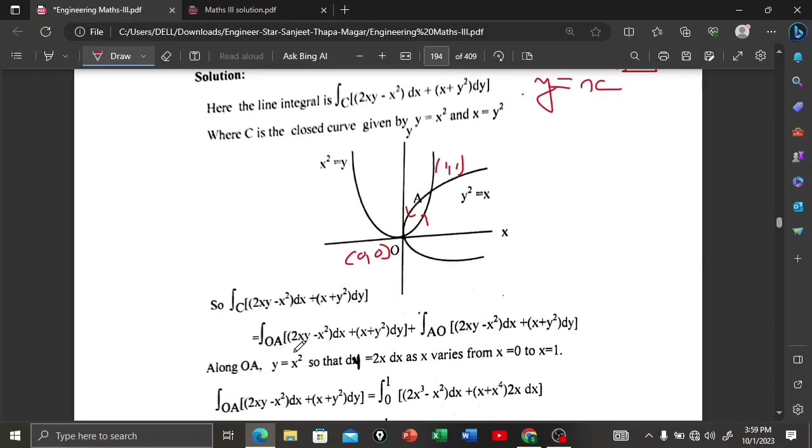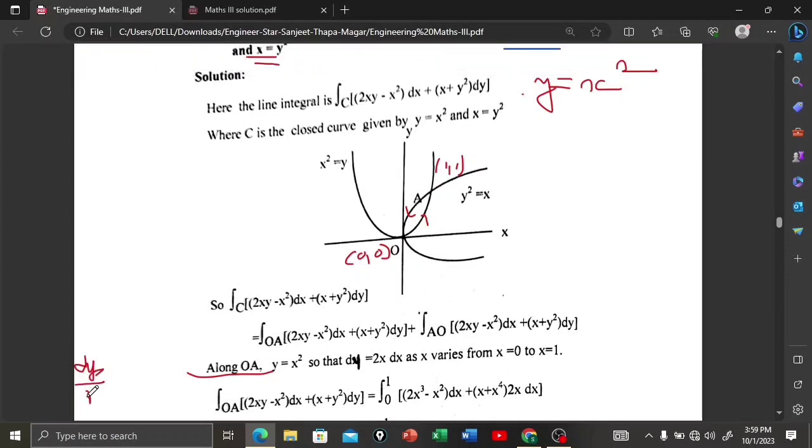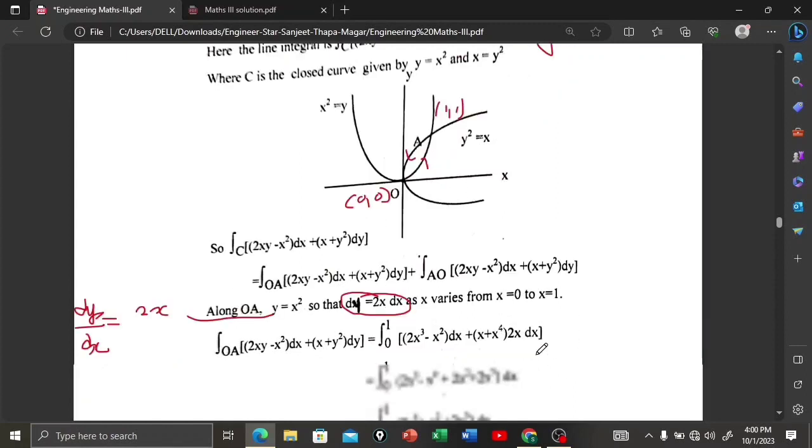Differentiating with respect to x, dy by dx equals 2x, so dy equals 2x dx, and x varies from 0 to 1.